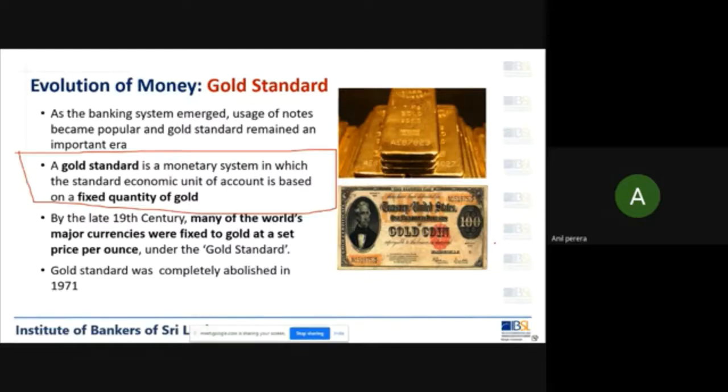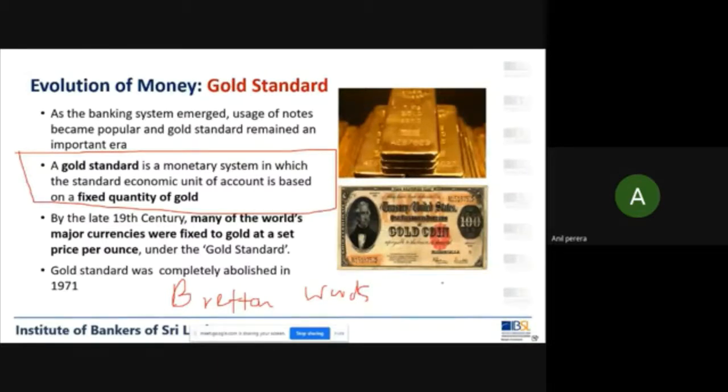Even after World War I and II, this was in practice, especially after World War II, this system was strengthened by introducing a system called the Bretton Woods system. The Bretton Woods system was introduced in 1945. Under this system also, you fixed your currency based on the US dollar.